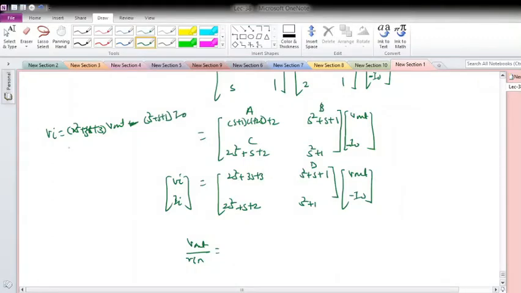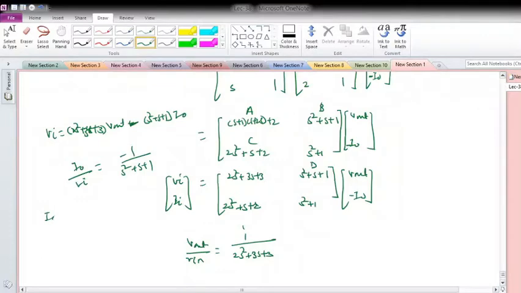I want V out by VS, so it will be 1 over 2s square plus 3s plus 3. If you want I out upon VI, it will be minus 1 over s square plus s plus 1.